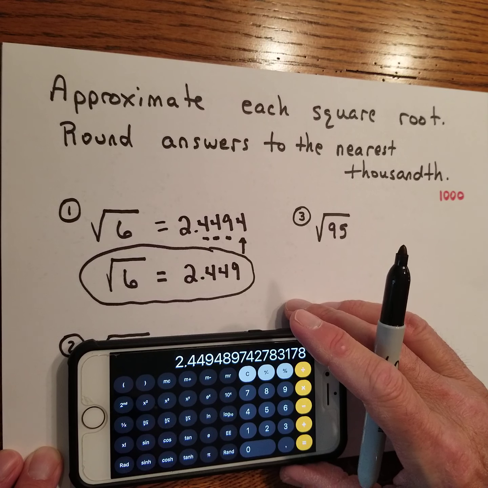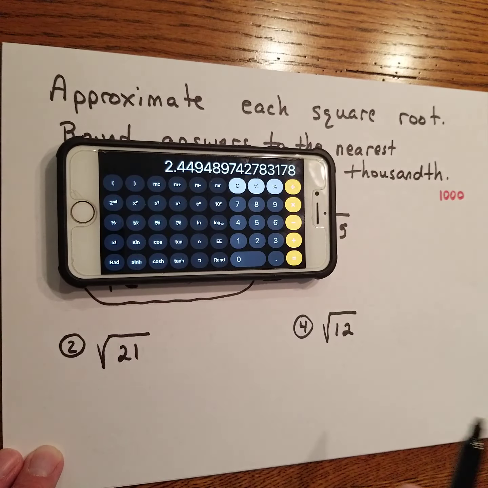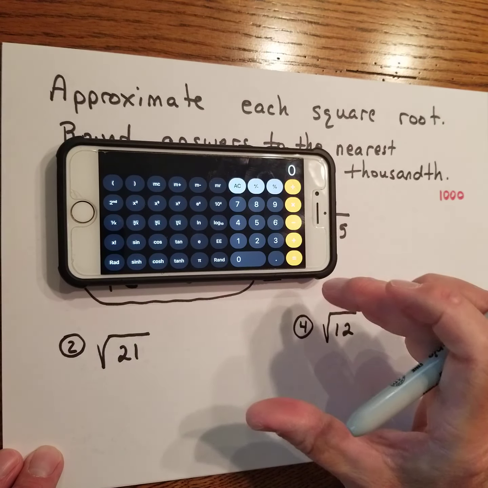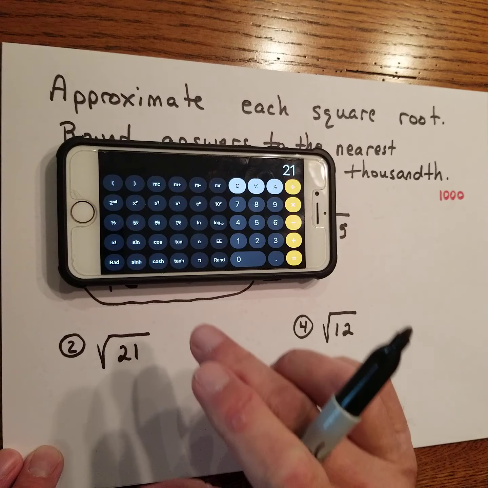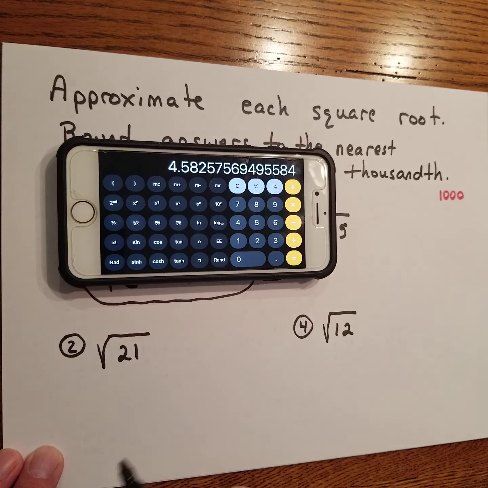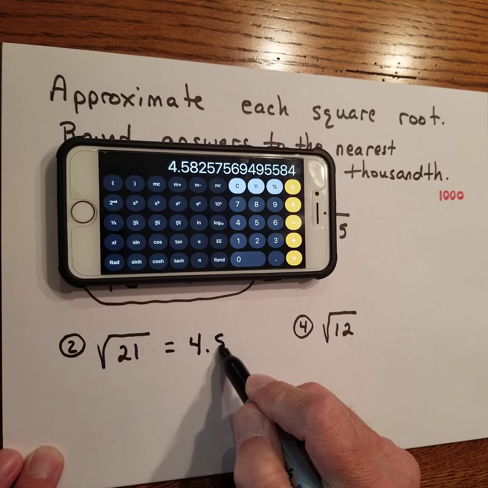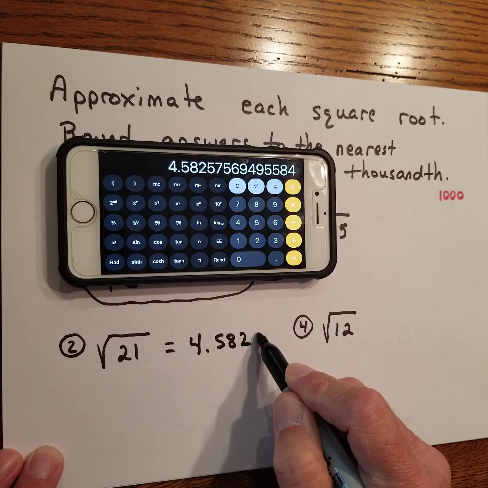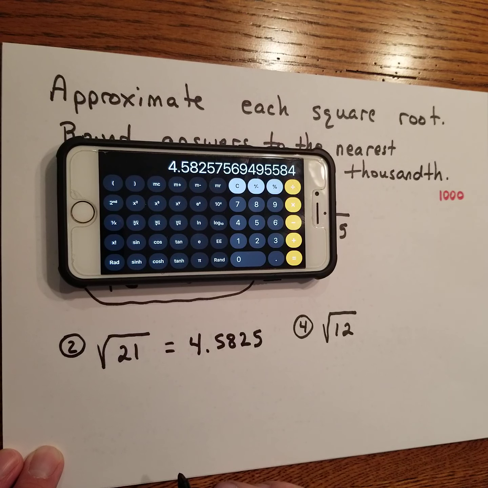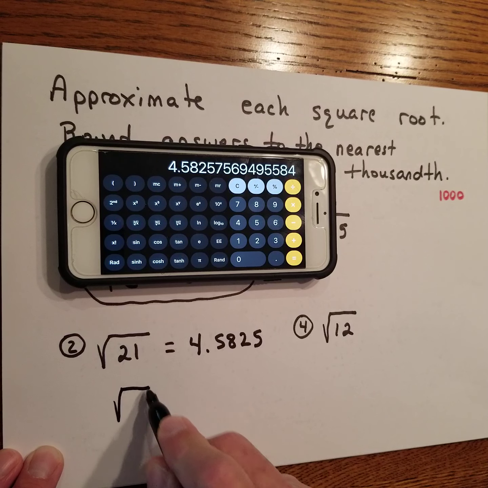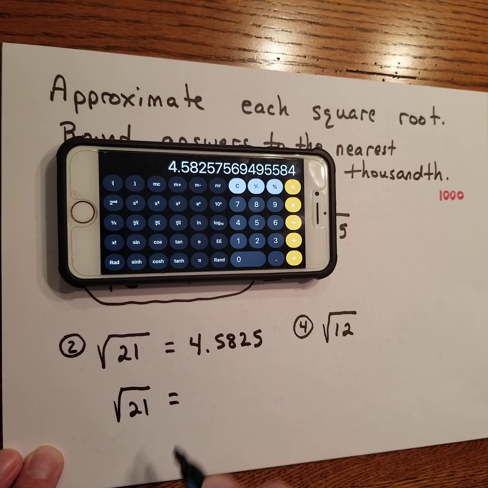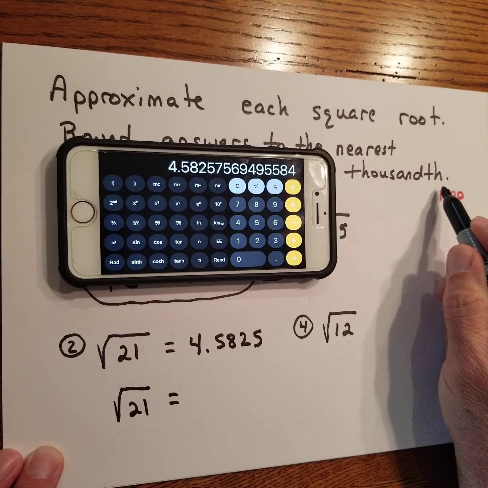Let's try number 2. The square root of 21. First, I'll let my calculator get the square root of 21. It's a messy decimal. 4.5825. Now for my best final answer, I am supposed to round this off to the nearest thousandth.